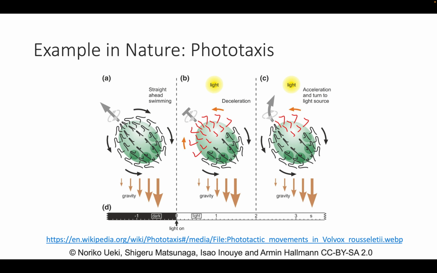So there's an example in nature which is called phototaxis, and this is an alga which would like to be closer to the light to increase its photosynthesis. And so this simple cell has little flagella on it that rattle and allow the cell to swim.